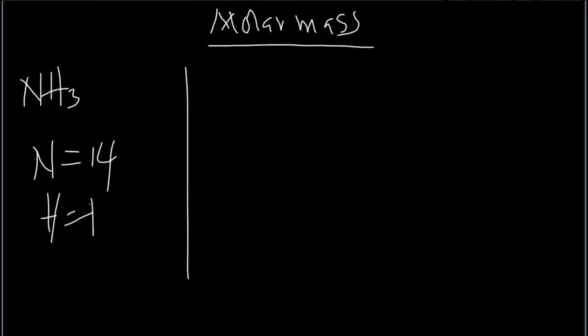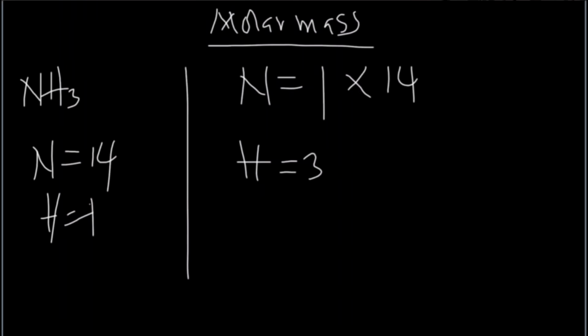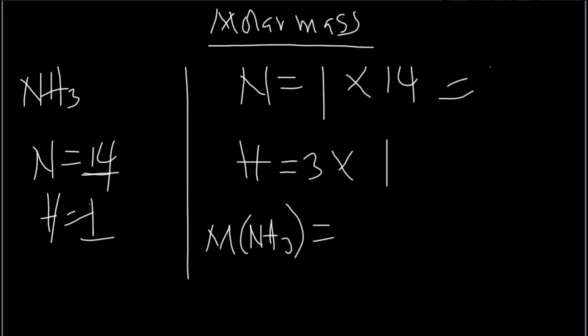So how many nitrogens are found in NH3? We have only one nitrogen. And how many hydrogens? We have 3. Then you multiply by its relative atomic mass. You also multiply by its relative atomic mass. So the molar mass of NH3 will be equal to 14.